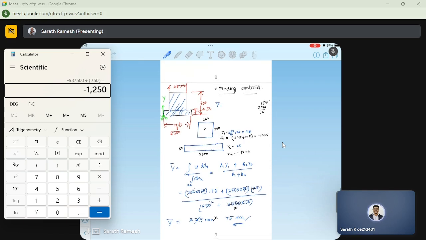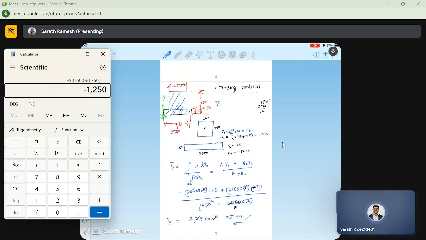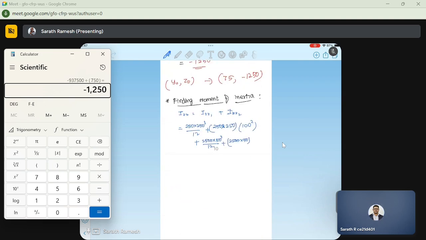So here 75, that is 25, 25 minus 75, the whole square.